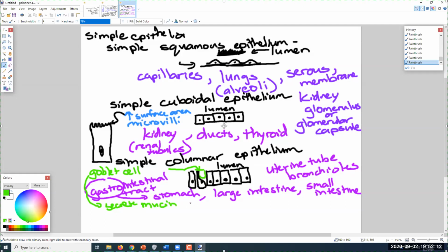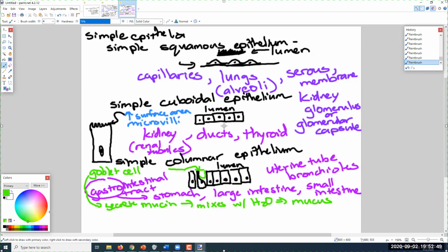And you might be thinking, oh, that kind of sounds like mucus, and you're right. When mucin mixes with water, it's going to make mucus. And the mucus in this case will help protect the lining of the gastrointestinal tract, because there's a lot of enzymes and a lot of acid potentially, so it helps protect that layer.